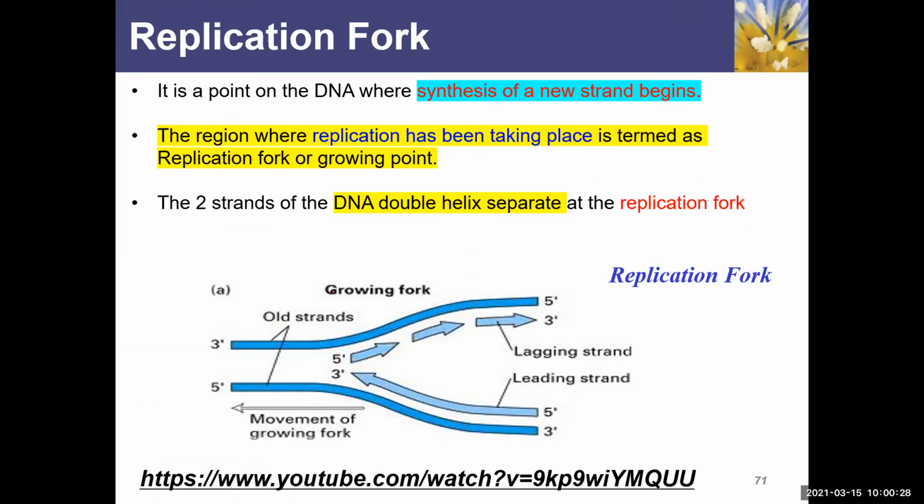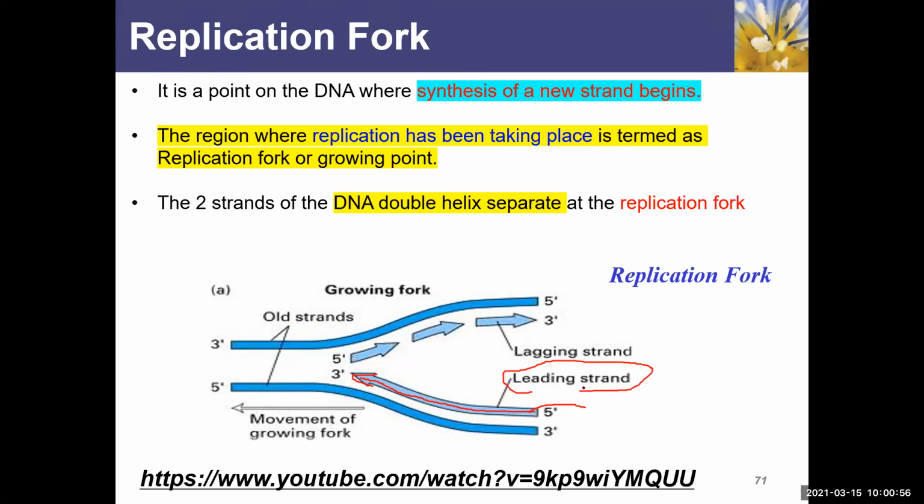On one strand of the DNA, this strand, what happens? DNA synthesis is continuous. What do you mean by continuous? As you can see here, DNA is continuously formed without any fragments. And this new strand is called a leading strand.